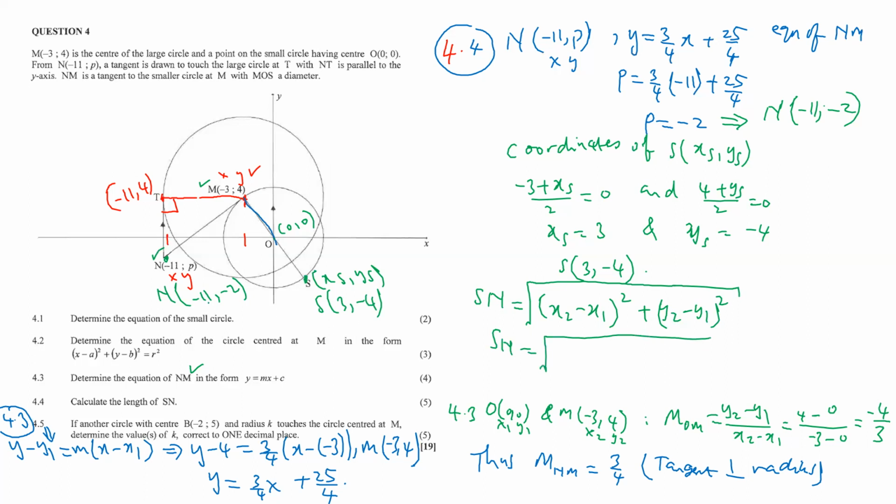So now at this point, it's SN, moving from S to N. So you can call this one x1, y1, and you can call this one x2, y2. In which case you have x2, which is -11 minus x1, 3, y2 minus 2 minus y1, 4, and the square root of 2 units.